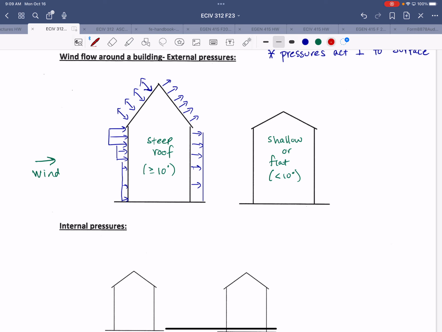And remember that the block pressures on the windward wall are a practical application. In theory, it's going to be more like the actual wind distribution, the parabolic variation.